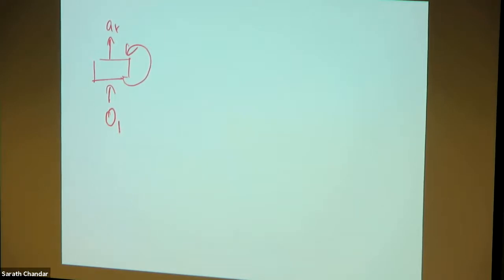Let's just assume a simple MLP function approximator. In this case, it is going to compute some hidden state HT, which is some function of the current observation, and you're going to take some action, which is a function of HT.